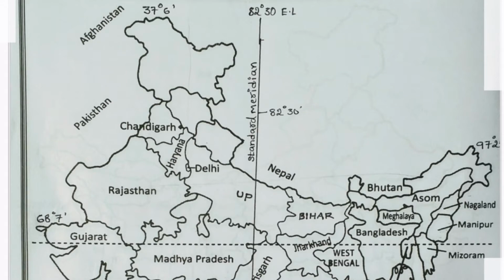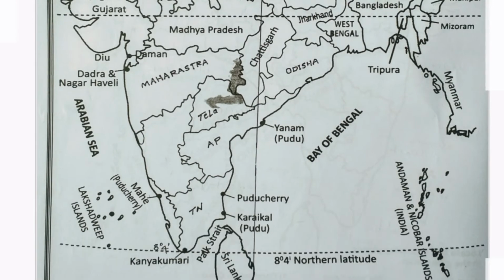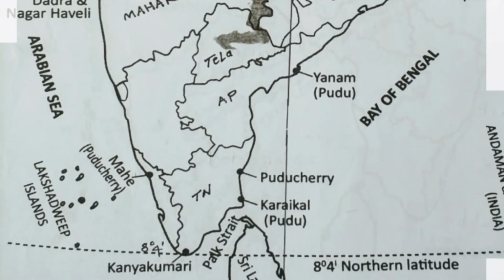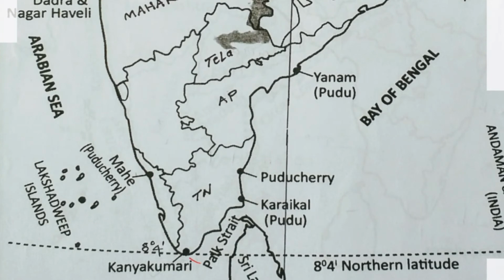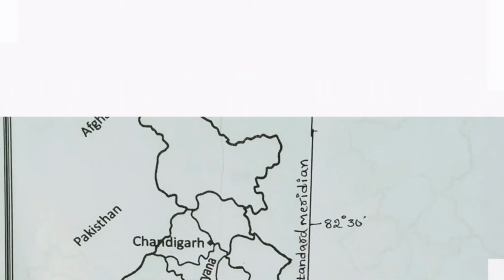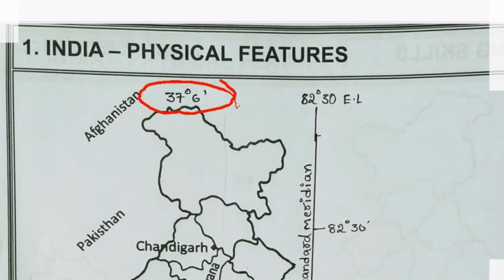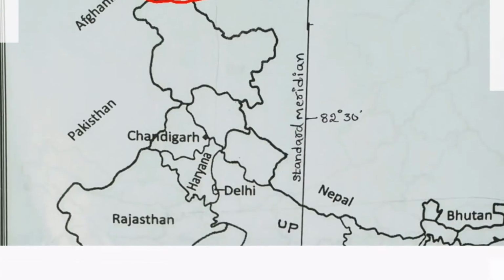Let's see. Our India lies between 8 degrees 4 minutes to 37 degrees 6 minutes in northern latitude.